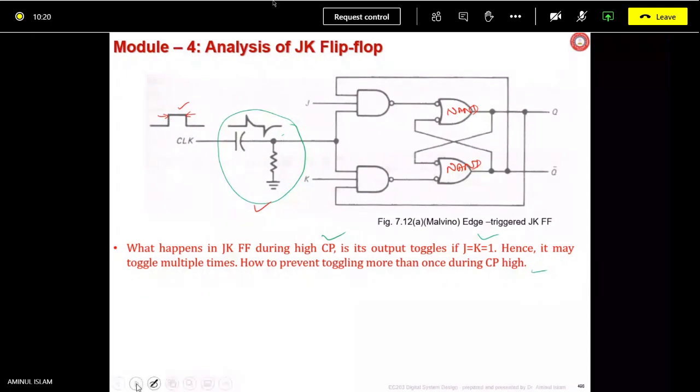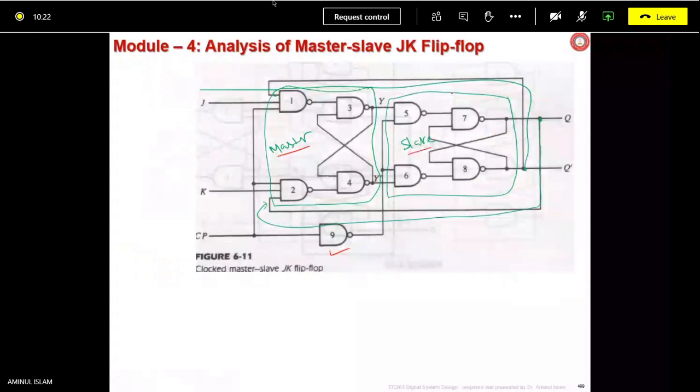Then the other one is the JK flip-flop. You see that this is a master slave JK flip-flop. This is also another master slave JK. So two JKs are connected in this way, and you see how the feedback is going. From here, feedback is going: the last Q bar goes to the J side at the input, and Q goes to the K side at the input.